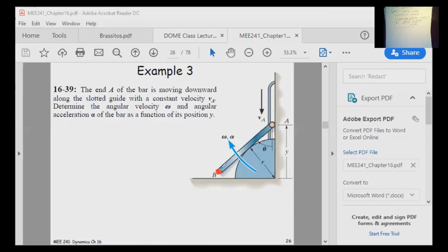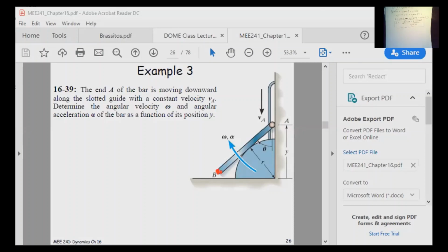Like if I ask you to find the acceleration of this point, or let's start by finding the velocity of this point. How do you find the velocity of this point? We use the formula. Okay, how do you apply the formula? Related to the point A because its velocity is 0.